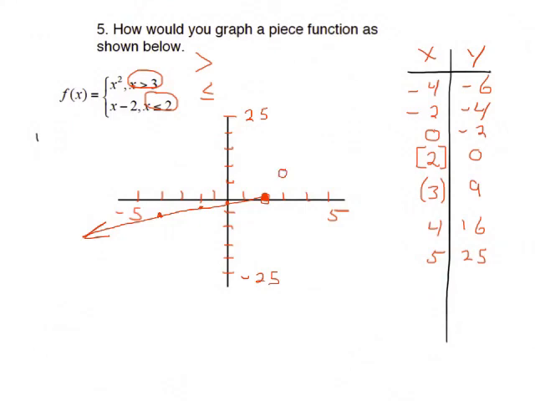Now, this piece of it, notice it's x squared. That means it is a parabola. So then I'm going to go at 4, and I'm up at 16. So 5, 10, 15, so it's going to be about right there. And then when I'm out at 5, I'm up at 25, which is about right there.